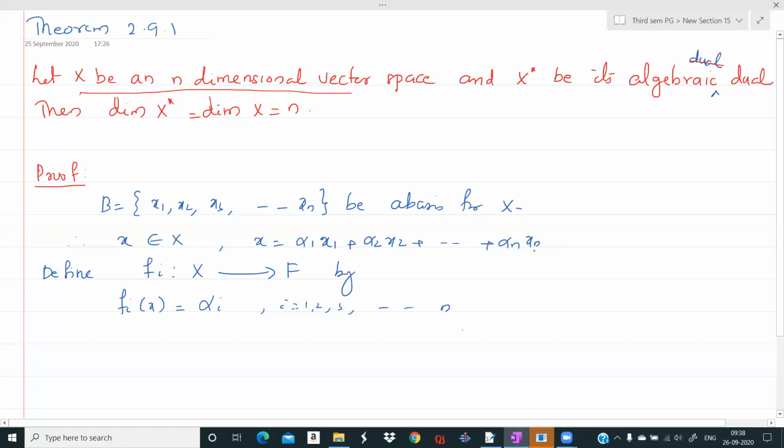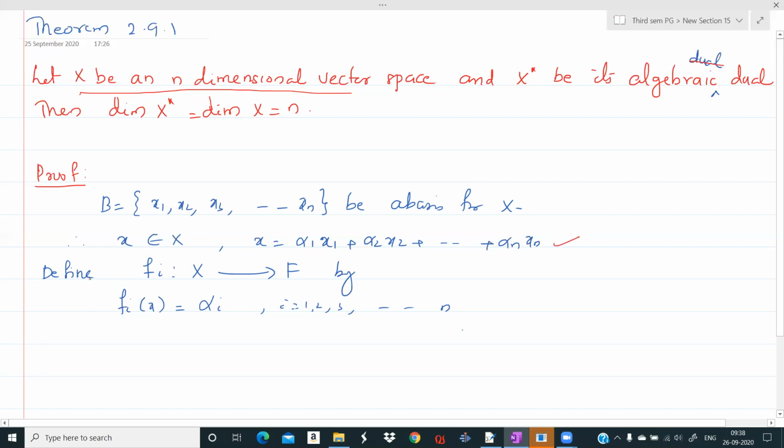What we want to show is that the dimension of X star is also n. അതിനെന്താ ചെയ്യുക? We have to produce a basis for X star having n elements. And we proceed like this. So നമുക്കറിയാവുന്നത് capital X ലെ ഏത് x എടുത്താലും that x has a unique representation of this form.